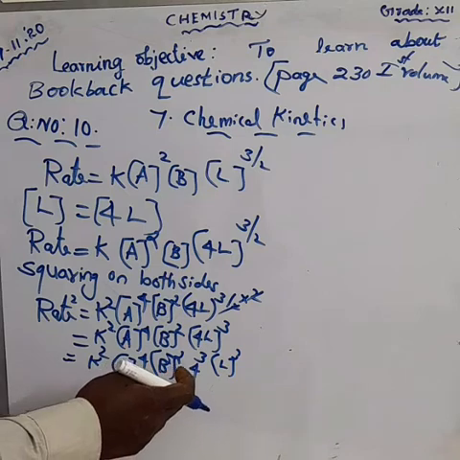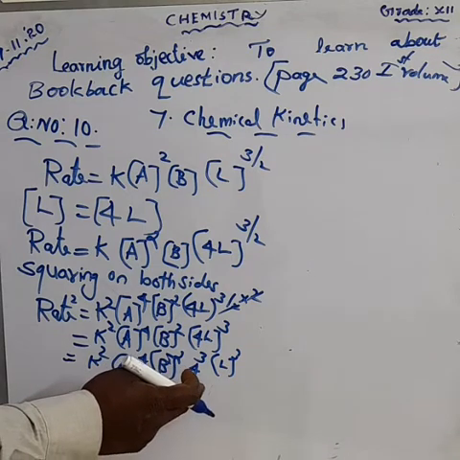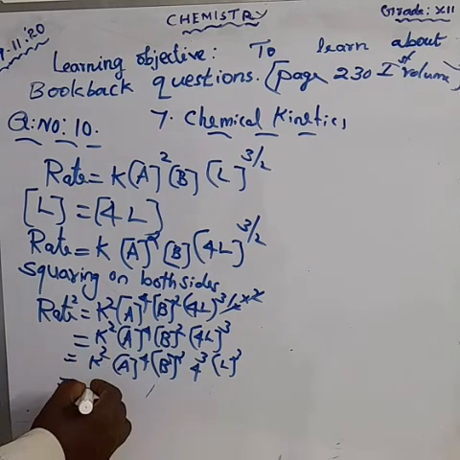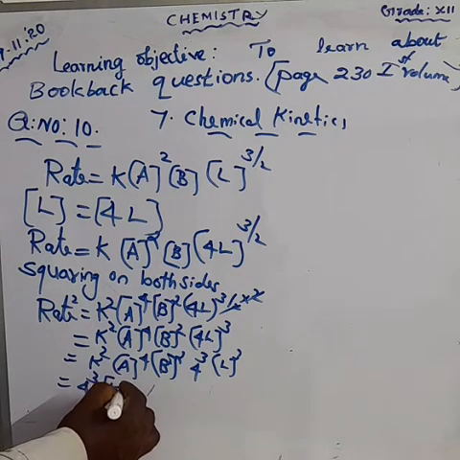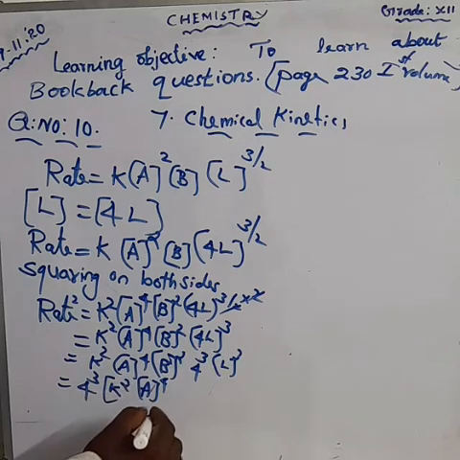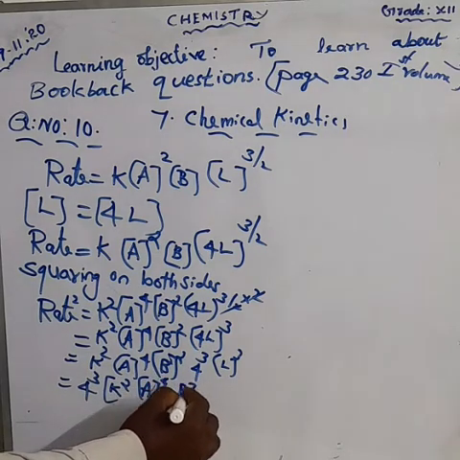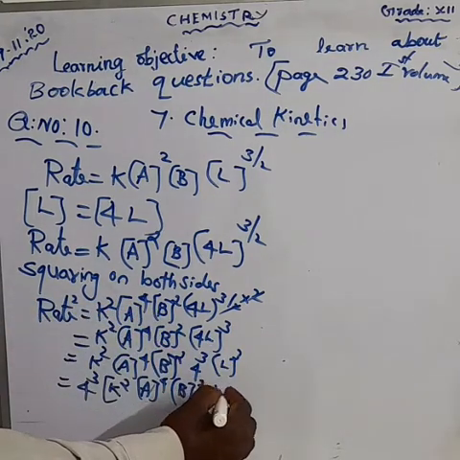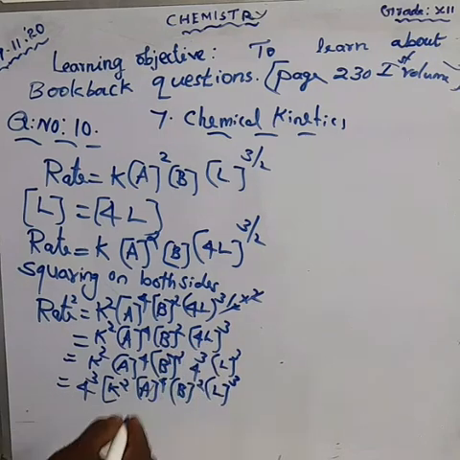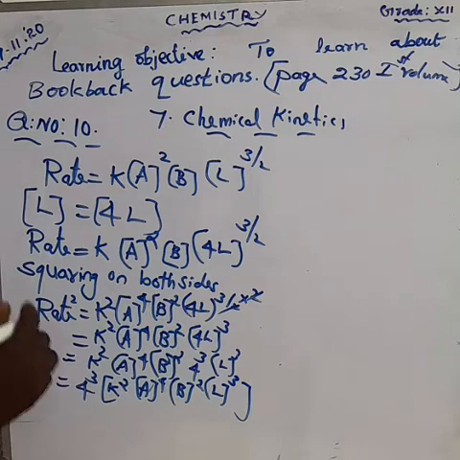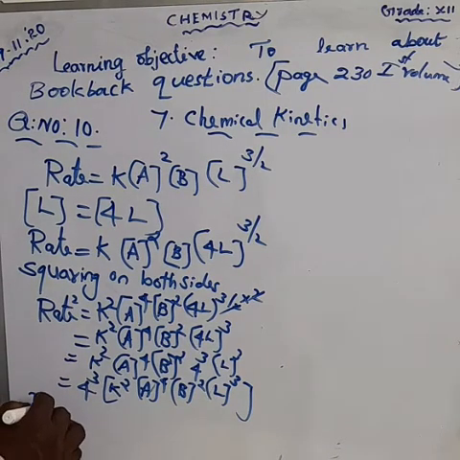That is, we can take this as a constant. Okay, take it here 4. This 4 is taken outside. 4 cube K square A 4 times B square. Already 4 cube we take, am I right? Then L cube. Bracket. Okay.